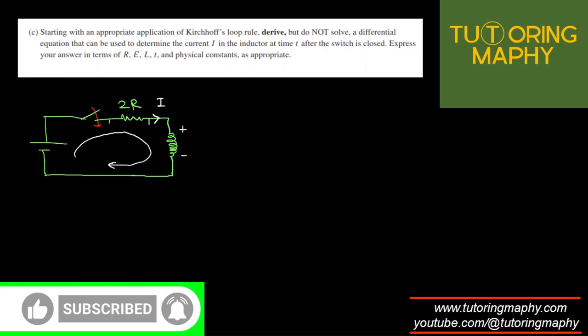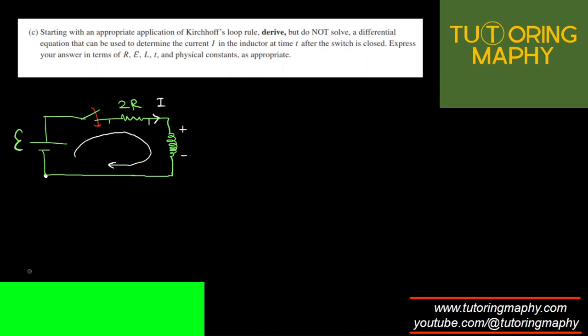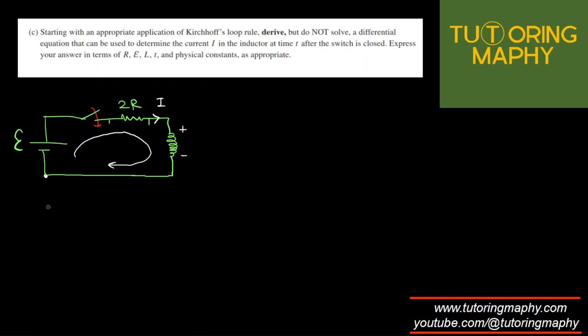Kirchhoff's voltage law, KVL. I'm going to take a turn starting from this point, and this is the EMF. So the first thing I encounter in my journey is the EMF, which is E, then minus I times resistance, which is 2R, minus the potential generated here, which has a formula of L di over dt. And I think this is it.